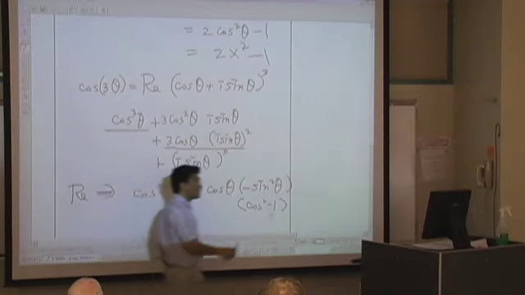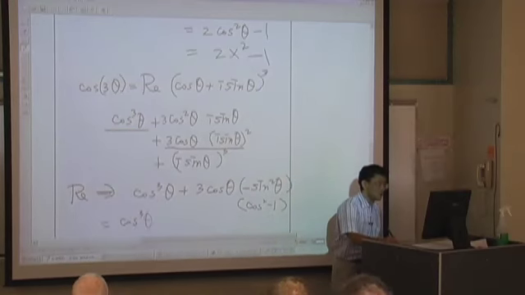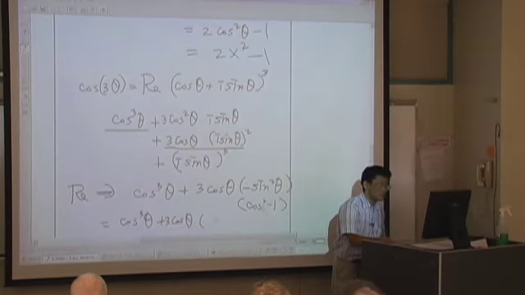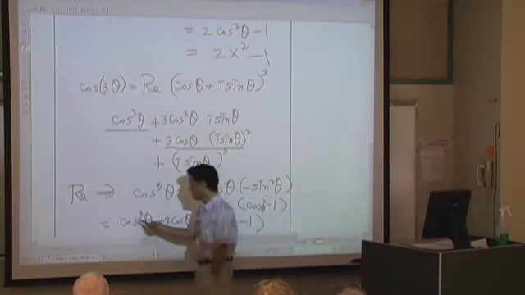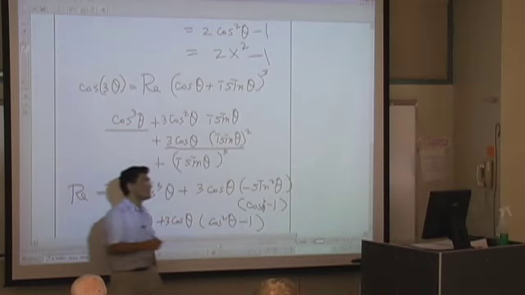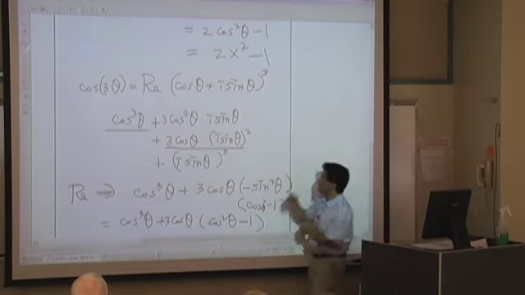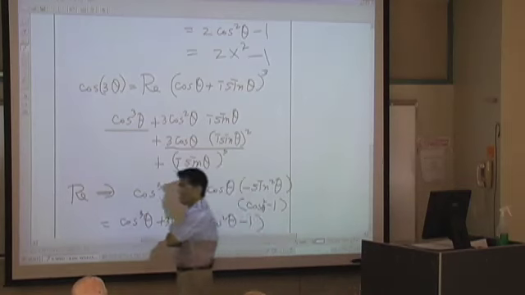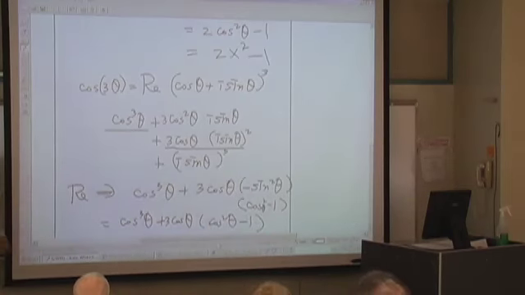Because of this conversion, this is cosine cubed theta plus 3 cosine theta times cosine squared theta minus 1. Then we can replace cosine theta by x. I will go to the second column, third column. I will pause before going to the third column, so please check and then ask.